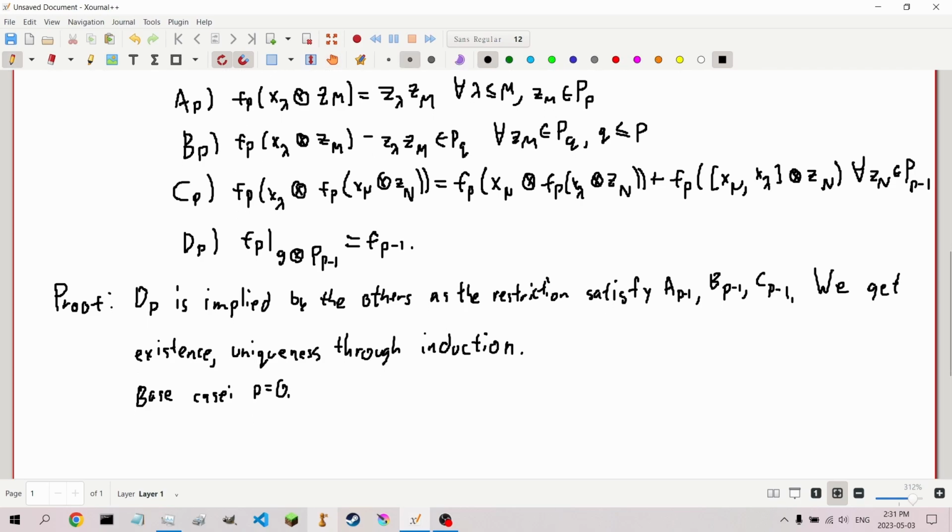In that case, A0 states that F0 of x lambda tensor Z empty, well, we saw that the only possible sequence of 0 elements is the empty set, and Z empty is just going to be 1, is sent to Z lambda Zm, likewise being 1 as an empty product.